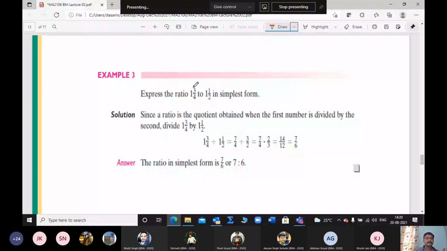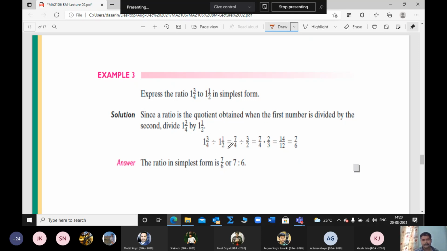I mean, 1 3/4 actually means that if you wanted to make this mixed fraction a proper fraction, what we need to do is multiply 4 with 1, that is 4, plus 3. 4 plus 3, that is 7. 7 divided by 4 is the proper fraction for this mixed fraction 1 3/4.